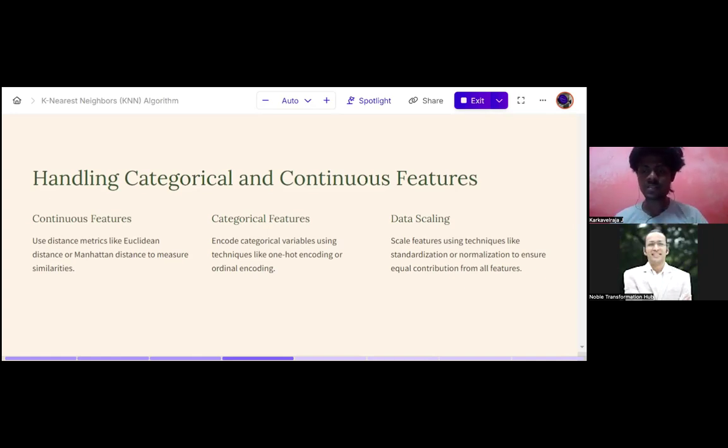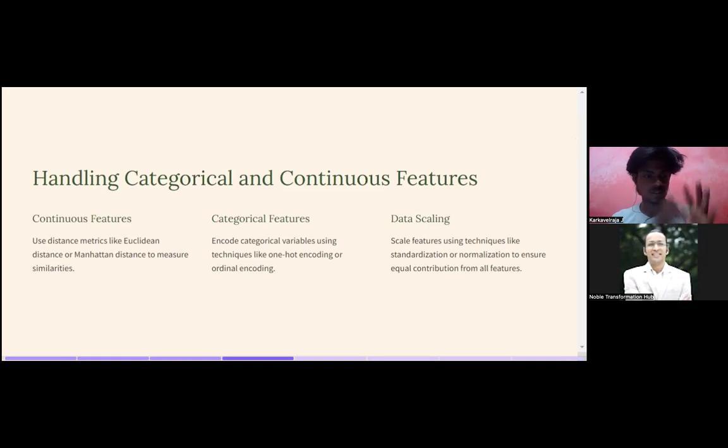So you need to find the similarity of each and every word in the document. For that we can use Manhattan distance. This is one of the ways of finding the distance, to improve the similarity. So this is how continuous features work.